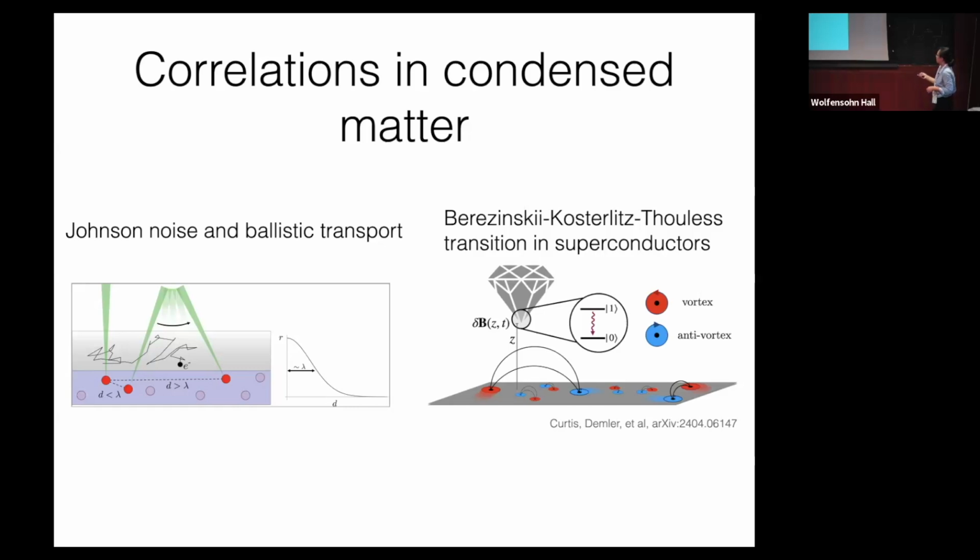So it's actually very hard to see these vortex-antivortex pairs, and this is a very dynamic system. These things are moving around like crazy. So any of these static probes are not really going to catch them. But maybe if you are looking at NV centers, what you should be able to see is this pretty big anti-correlation signal that's at some characteristic length scale. And then I should be able to go through the phase transition and see the signal kind of explode.